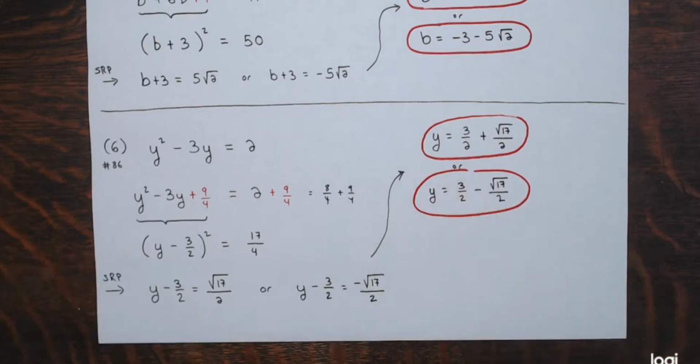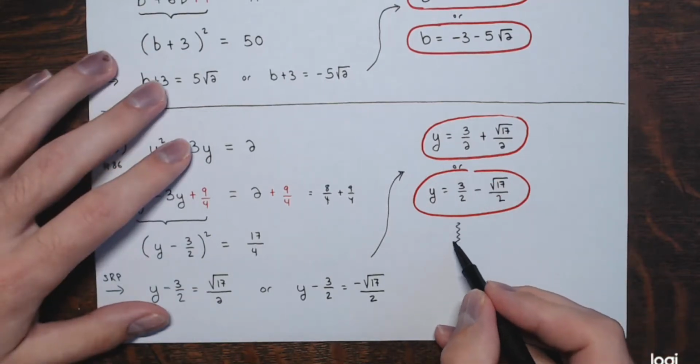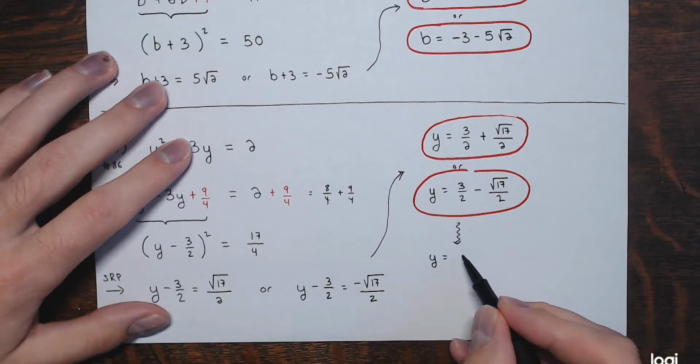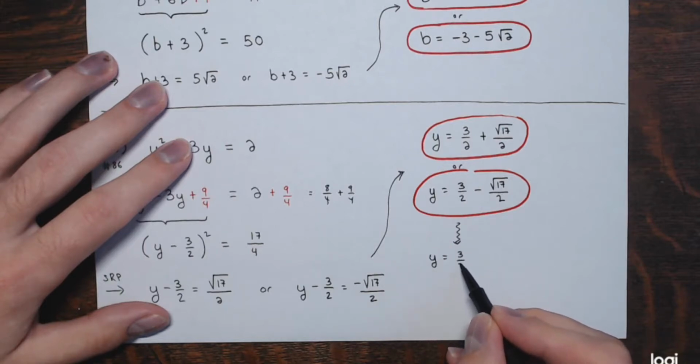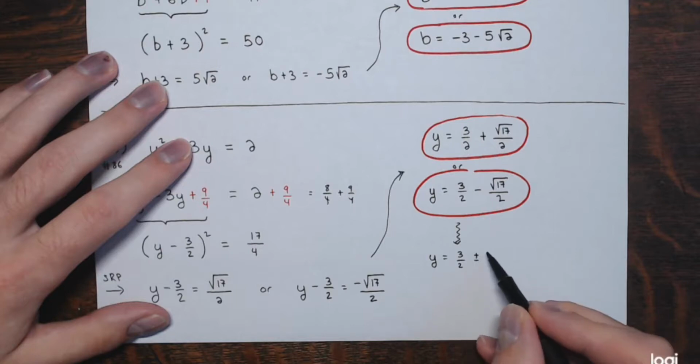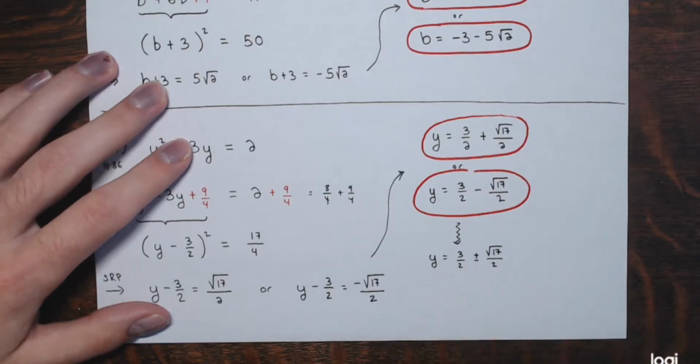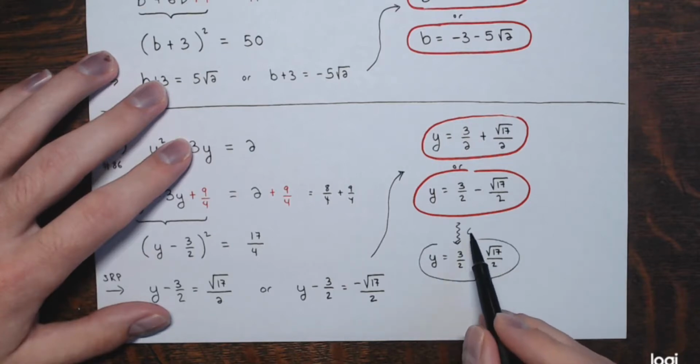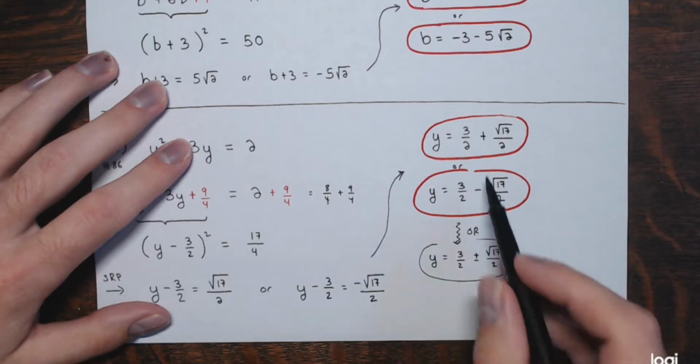Now there are, again, several ways to express these. You could also have said y equals 3 halves plus or minus the square root of 17 halves, right? The square root of 17 divided by 2. That's equally valid. Same thing, means the same two numbers.